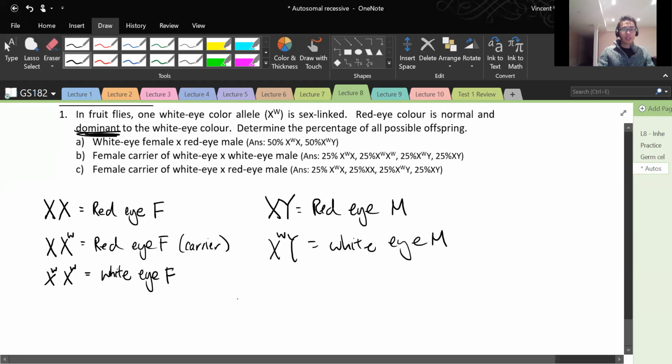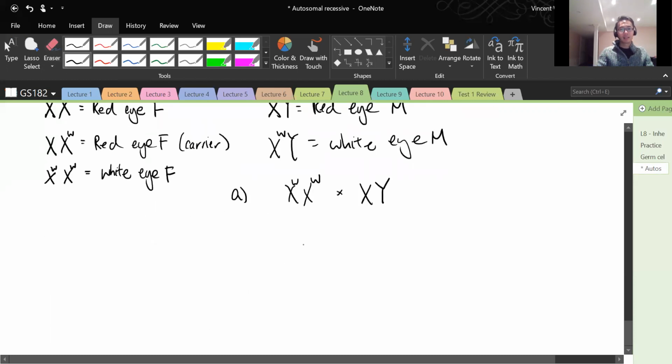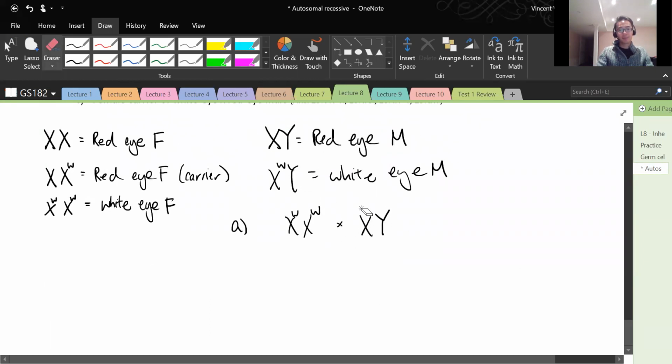Okay, so let's try the first one. A here. We have a white eye female and a red eye male. So white eye female is this one. So X^W X^W. And we're going to cross it with a red eye male, which is like this. Okay, red eye male, white eye female. And we are going to do the Punnett square. Half the sperm will be X, half the sperm will be Y from the male fly.